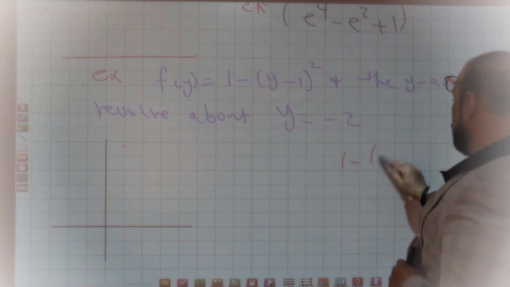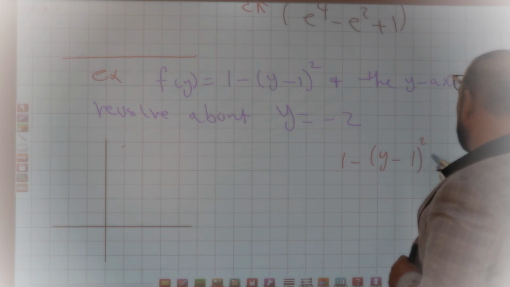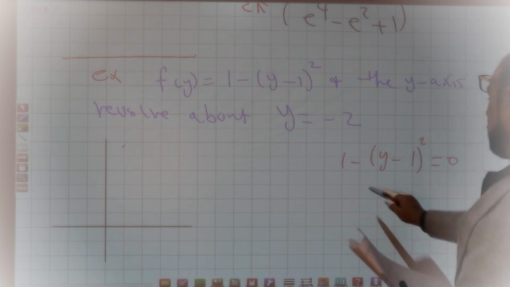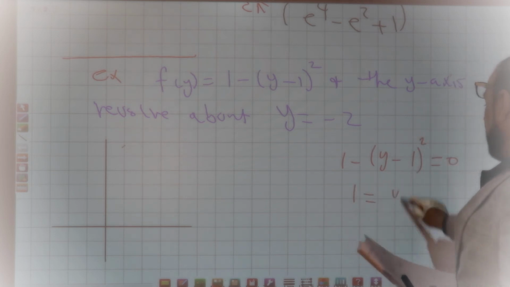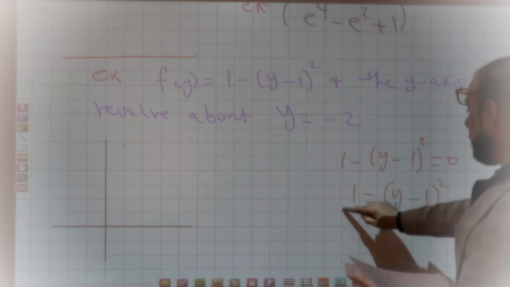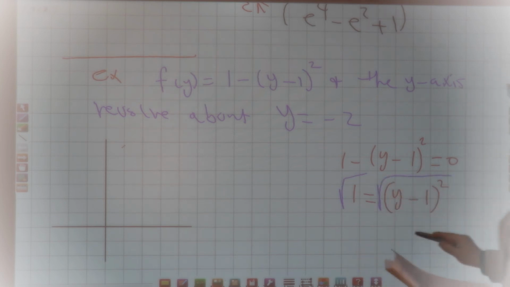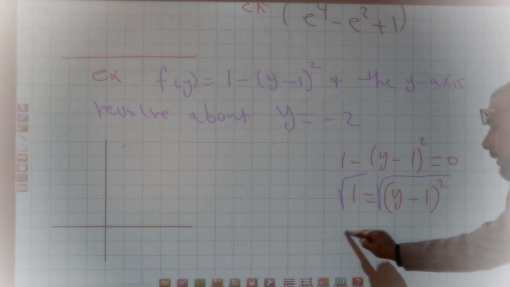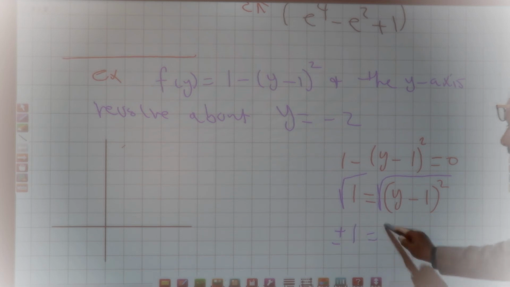1 minus (y minus 1) squared equals 0, so 1 equals (y minus 1) squared. Take the square root of both sides. This is going to be plus 1 or minus 1.